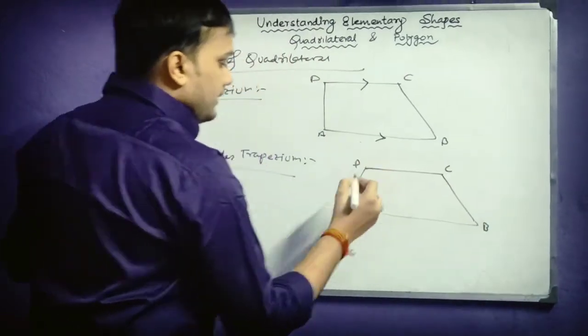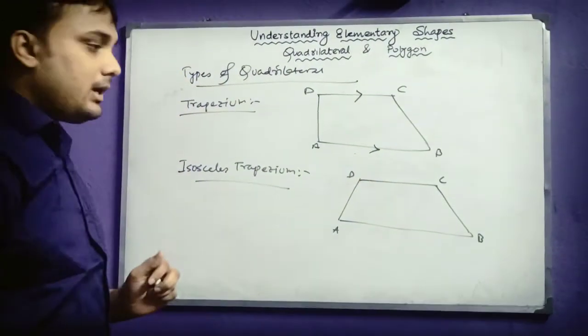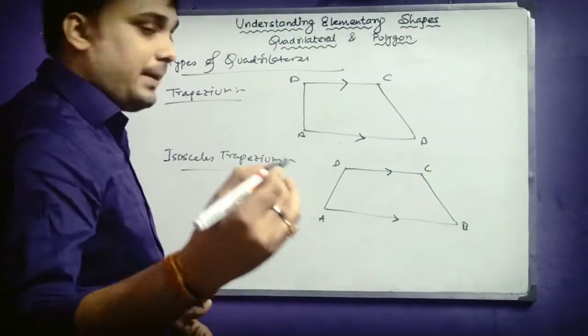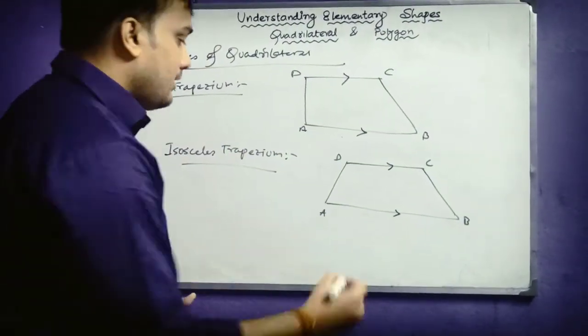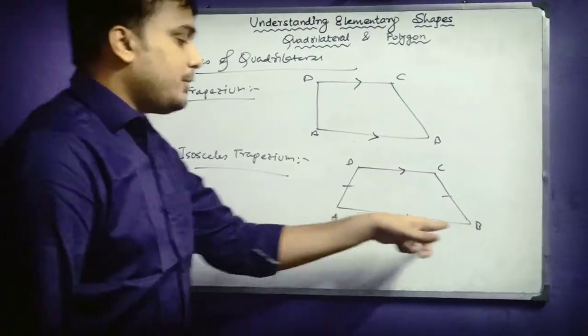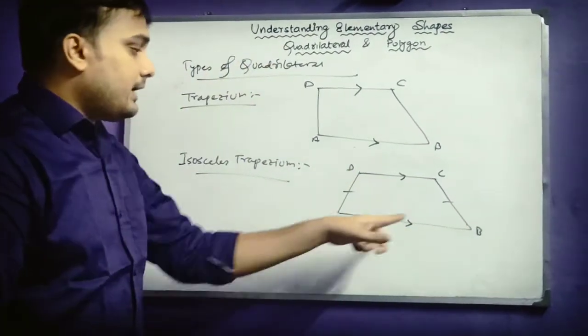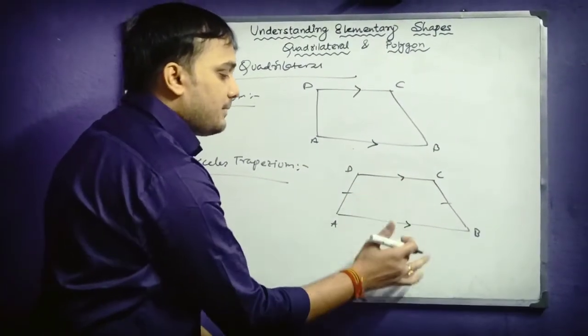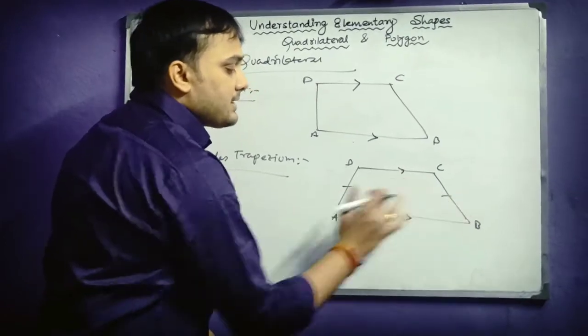So the isosceles trapezium has the property that one pair of opposite sides is parallel and the other pair of sides is equal. So you can see DC is parallel to AB and AB is equal to CB. Okay, so one pair of opposite sides is parallel, the other pair of sides is equal.